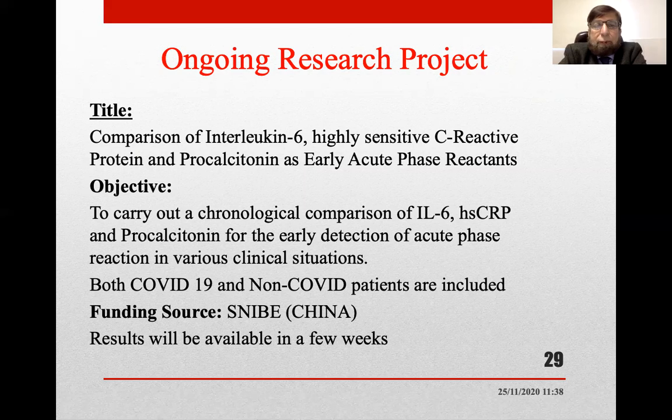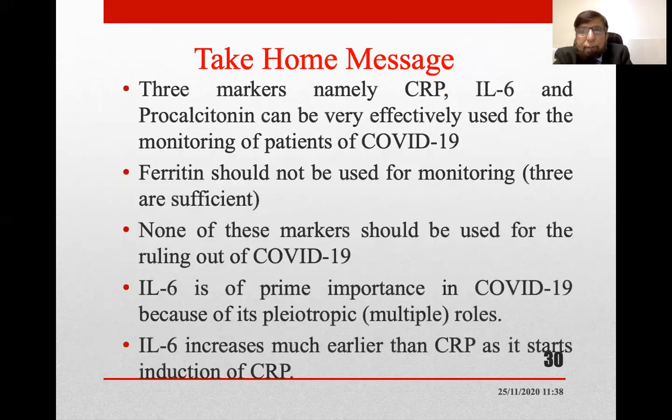The objective is to carry out a chronological comparison of IL-6, HSCRP, and procalcitonin for the early detection of acute phase reaction in various clinical conditions. We are including both COVID-19 and non-COVID-19 patients. Results will be available in a few weeks. I'm sorry I can't share the preliminary data here.